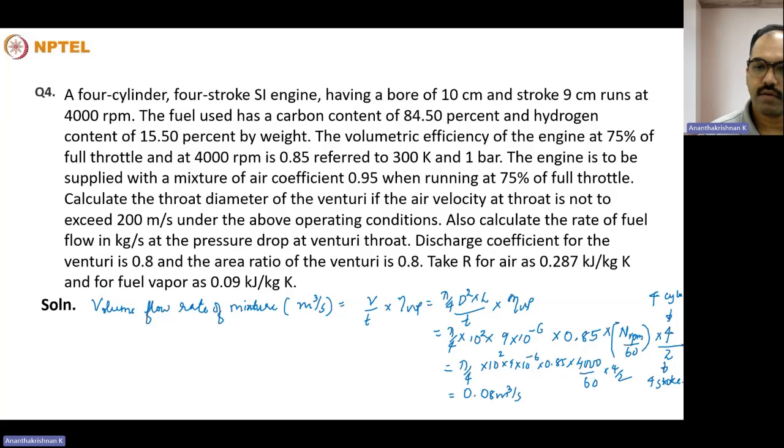If we can separate the volume flow rate of the air from it, we can calculate the mass flow rate of the air, and then the mass flow rate of the fuel. For that, we need to know the stoichiometric ratio of air to fuel for this particular fuel, and then use it to separate the flow rates.